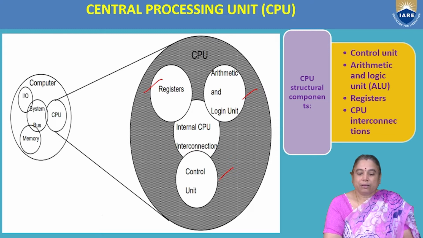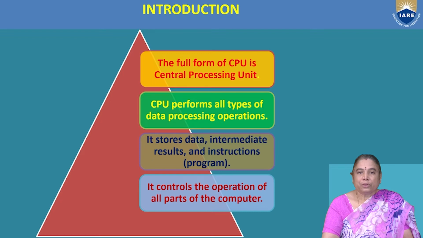Various registers we have discussed in the last videos, like the instruction register IR, the program counter PC, and various general purpose registers, can be accommodated on the processor. The central processing unit majorly performs the data processing operations and also stores the information in the main memory, and it can produce the control signals in order to coordinate and monitor various units of the computer with the help of the control unit.